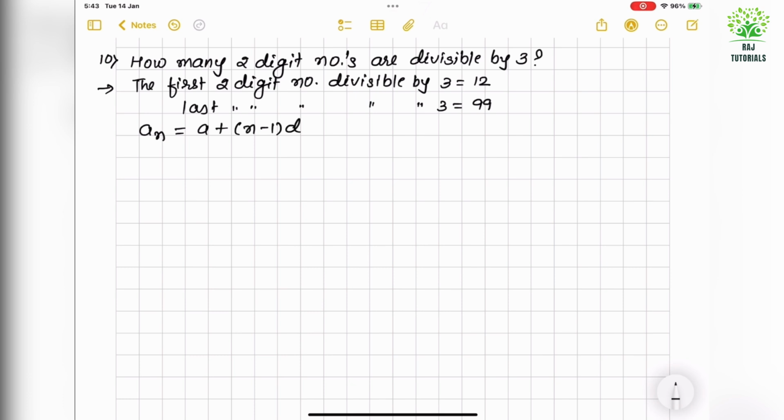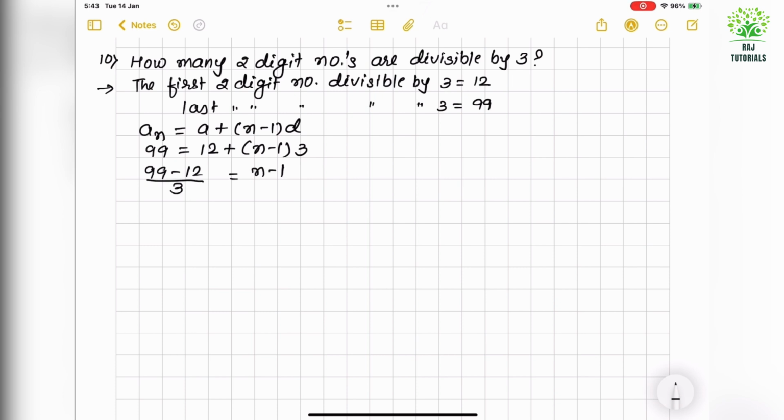Here an is 99, a will be the first number, that is 12, n I don't know, and d will always be 3 because I will get the AP 12, 15, 18 like that. So 99 minus 12 upon 3 will be equal to n minus 1.